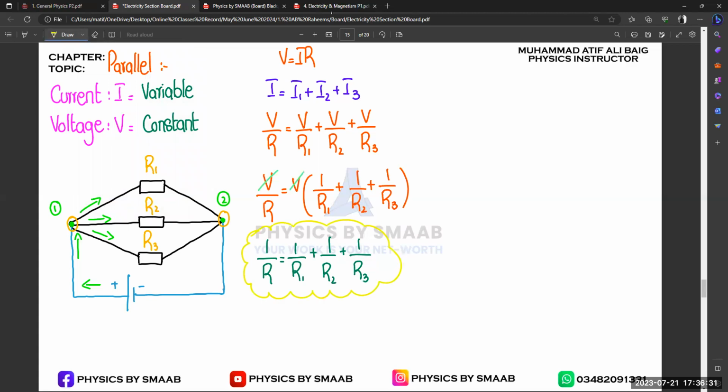And you can easily observe that now the values are in reciprocal, so it means that we are getting a lower resistance if we combine resistors in parallel combination, right?